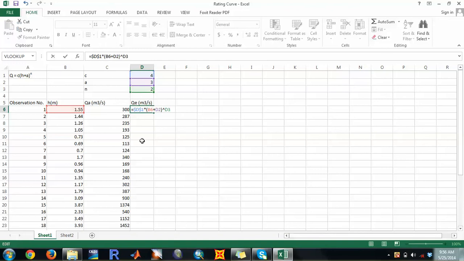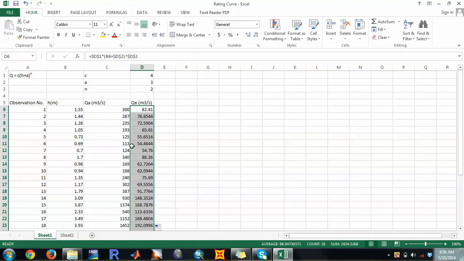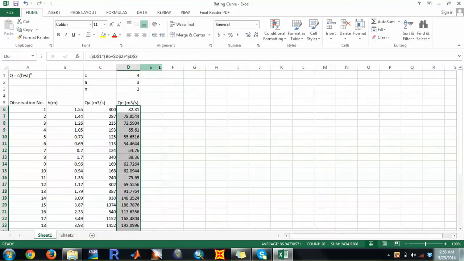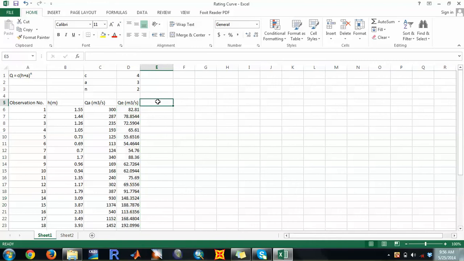So this one for C is a constant cell used to calculate all the data up to the observation point. The same is true for these ones. If you say F4, you can simply fix them and say is equal to, and if you double click here, you have the calculated value. Now we have to find the difference between the estimated and the observed one.